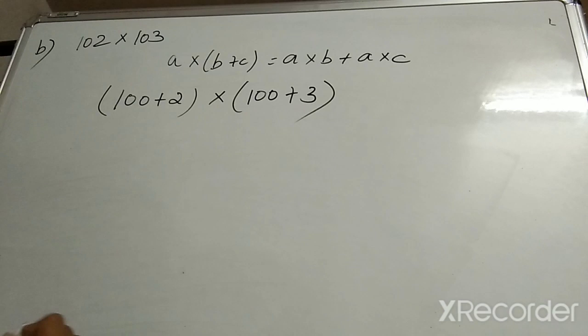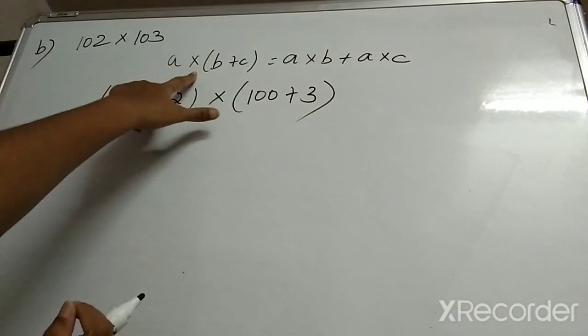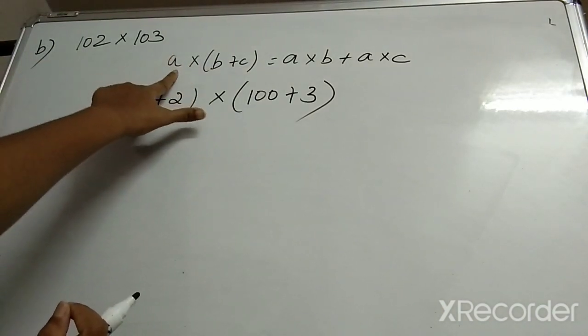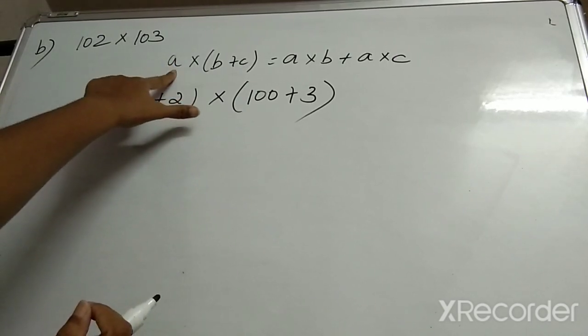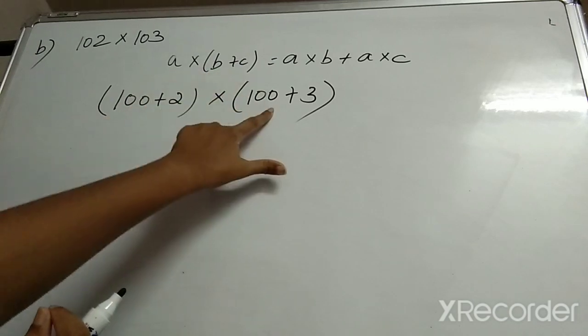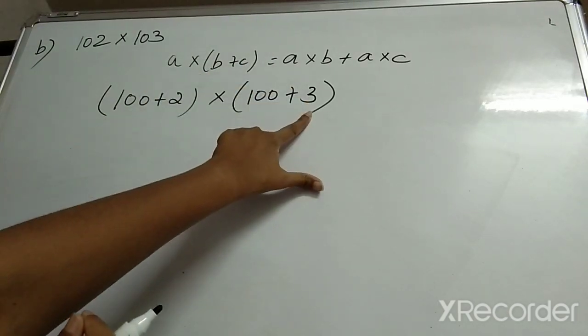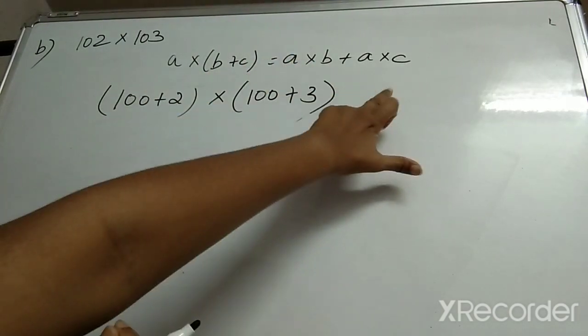Clear, children? Now is it of the form A into (B plus C)? Yes. So our A is 100 plus 2. 100 plus 2 is taken as A. B is 100 and C is 3. Now I have to expand it this way.